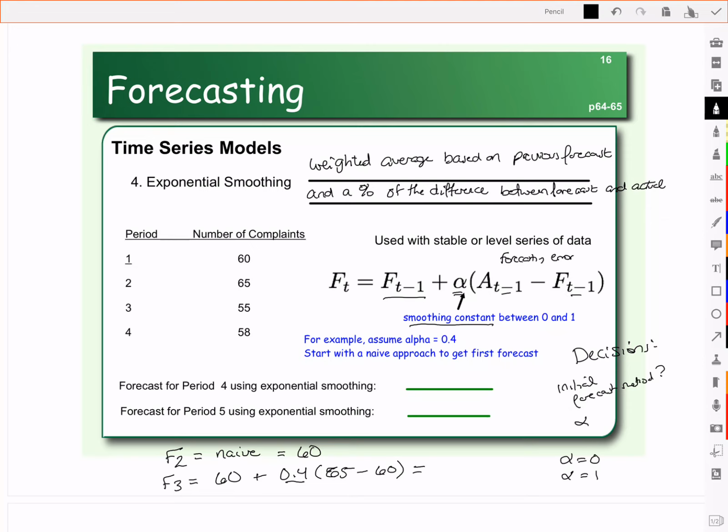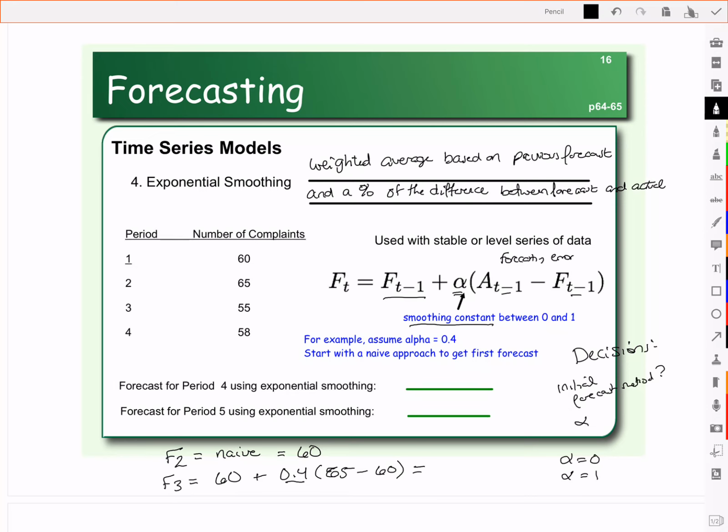So it really comes down to how responsive you want that forecast to be. Do you want every increase and every decrease in actuals to be reflected in the forecast? Or do you want your forecast to kind of take into consideration the ups and downs and be somewhere in between? So how smooth do you want it to be? The closer you are to 1, the less smooth. The more you are taking into consideration every up and down.